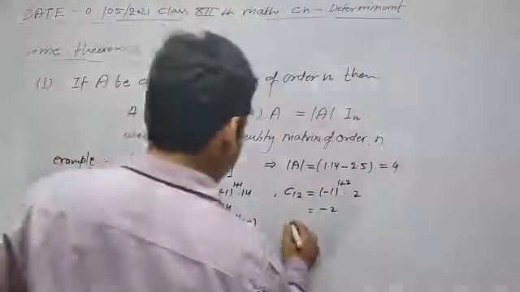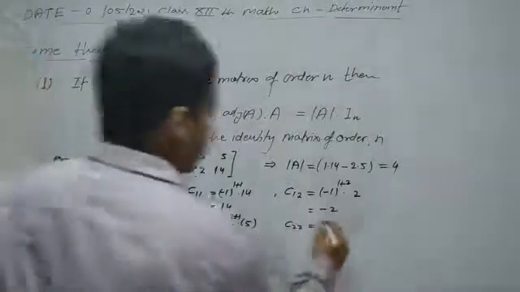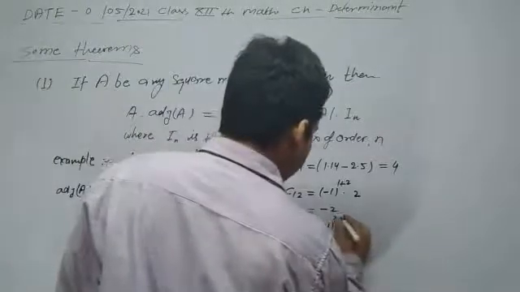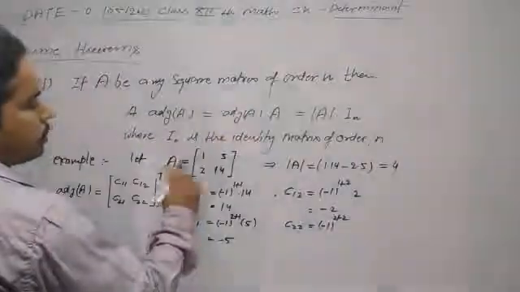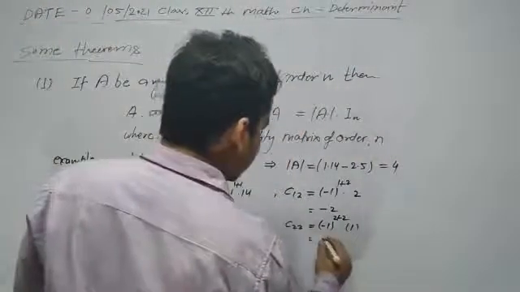Similarly, C22 is minus 1 to the power 2 plus 2 into the element left after deleting the second row and second column, which is 1. So the result is 1.